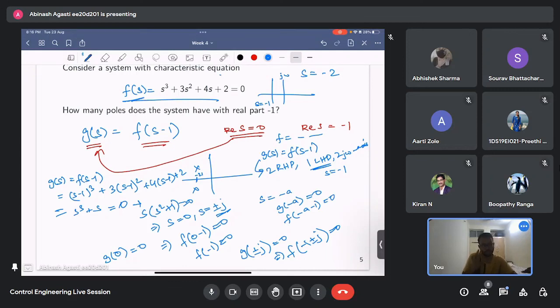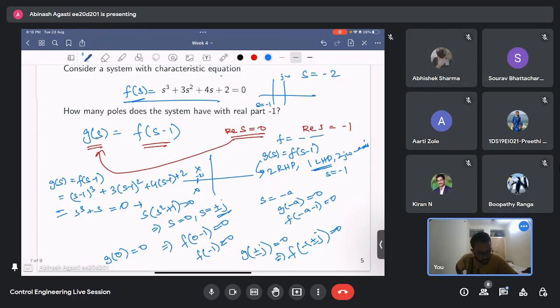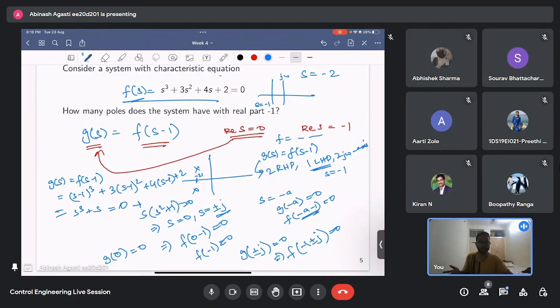Is it not? So what it means is this minus a minus 1 is a root for f. Right, minus a minus 1, not minus a. So basically whatever is the pole chart, say I have like this, like this, like this, whatever it might be, for g of s, right?